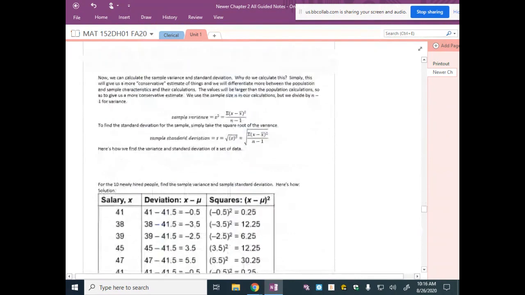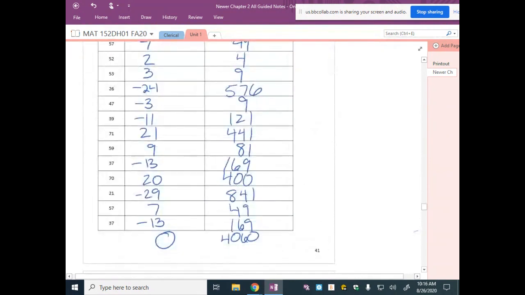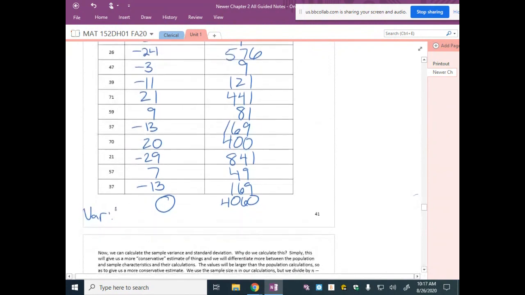So now we're going to be able to find the variance. For the variance, we're just going to take the 4,060 and divide it by what? 16.